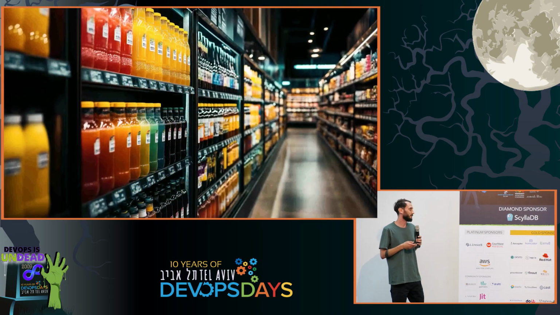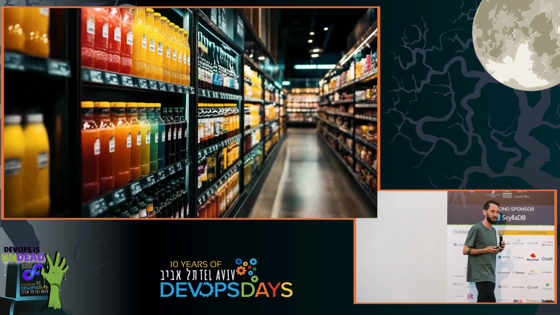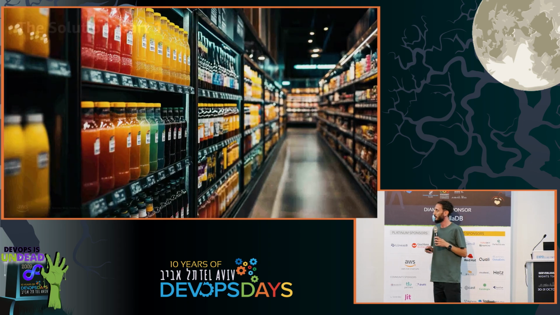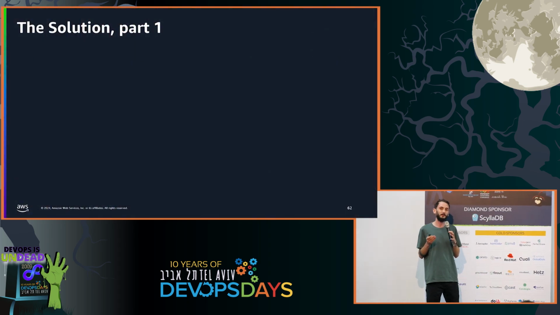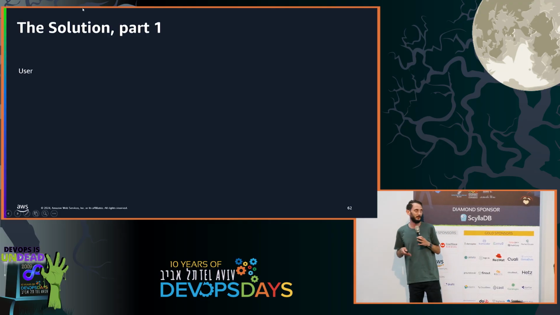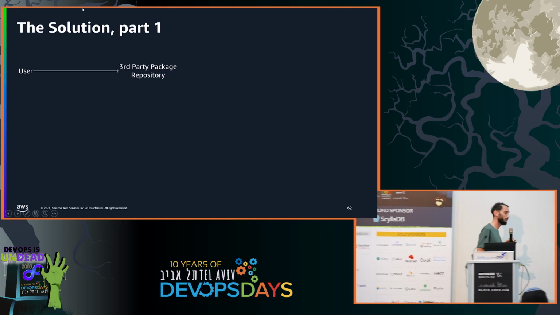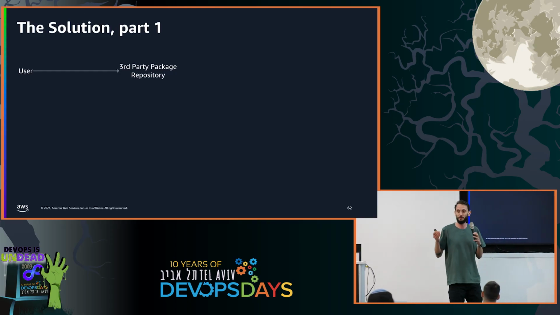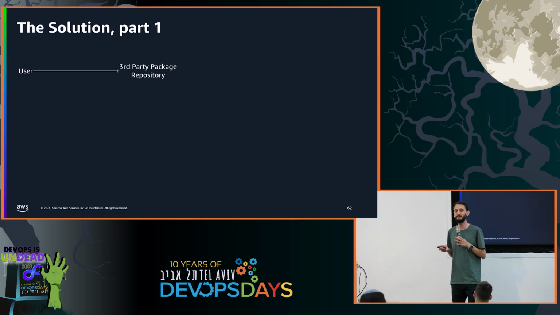And with a frugal mindset, we thought to ourselves, why not pick off-the-shelf products? Because someone else has already fixed this issue for us. And when picking off-the-shelf products, this architecture looks much easier. We have a user that will fetch the package from a third-party package repository. Third-party package repositories are out there. There are many vendors that have these capabilities.